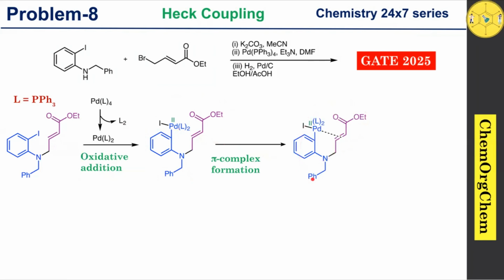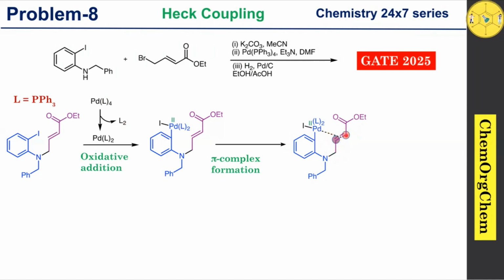The next step of the reaction is carbopalladation or migratory insertion. Here we need to figure out where our palladium is going to move and similarly where our aryl part is going to move. In order to find the regioselectivity, we need to think about the electronics of this alkene.